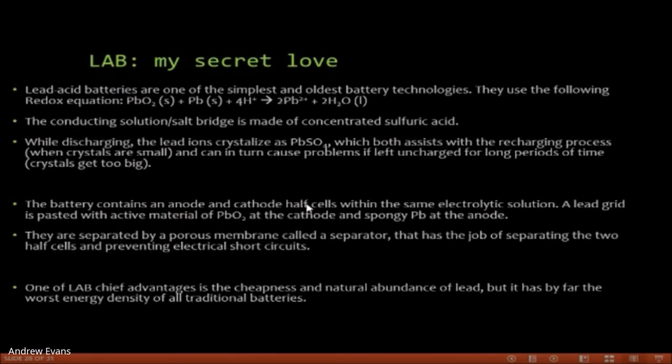Now, lead acid batteries are the simplest, some of the oldest technologies, and still one of the most widely used. The whole idea is what happens? You have two electrodes, one of which is coated with a spongy lead oxide, the other's coated with a lead paste. And we put this in sulfuric acid, really strong sulfuric acid, thus the lead acid part of the battery.